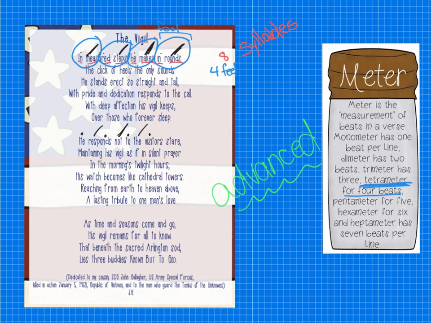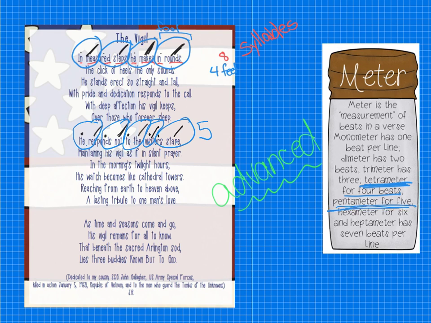This is tricky for me too. So I have that pattern of stressed and unstressed again. And this time, if I measure out these poetic feet, what do I get? I get 1, 2, 3, 4, 5. And so this time I could say it's a pentameter.